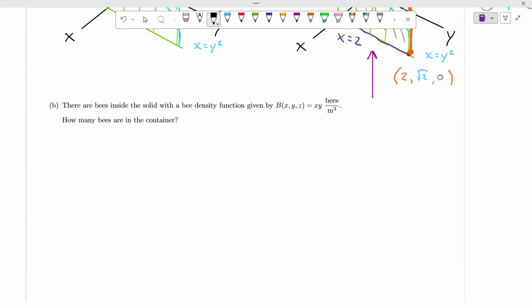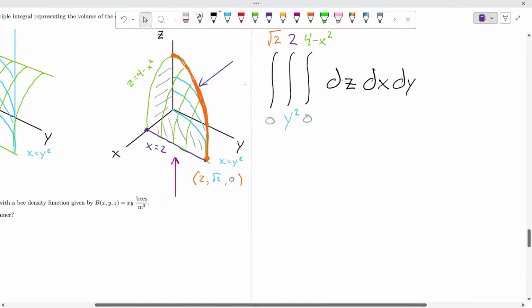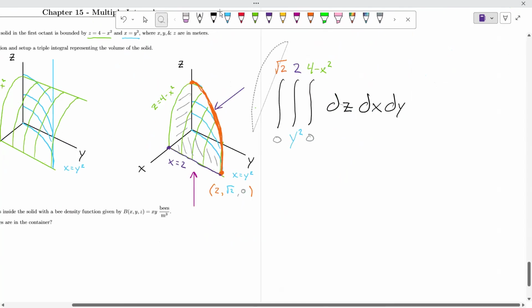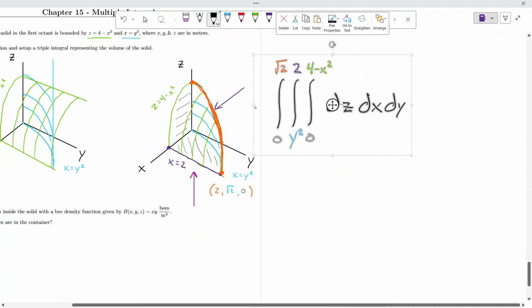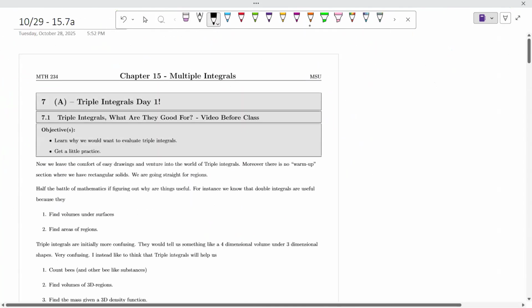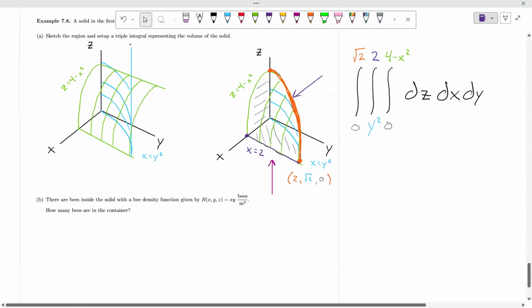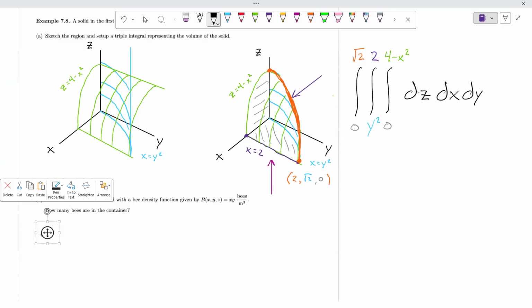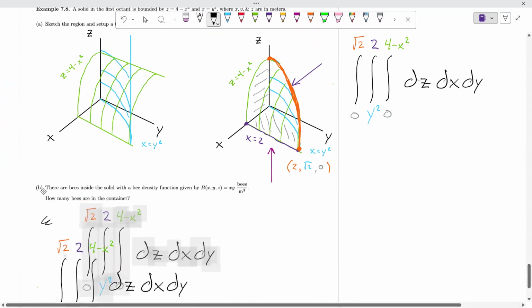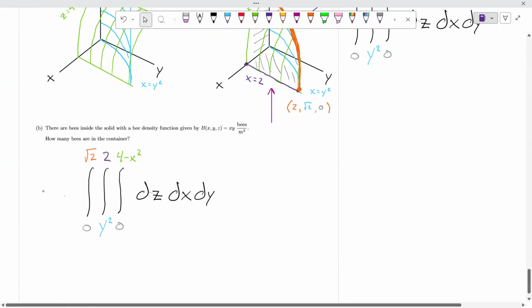Part B asks us for the mass inside this solid with a density function of xy. So let's just take our integral over here. Again, this was my volume.